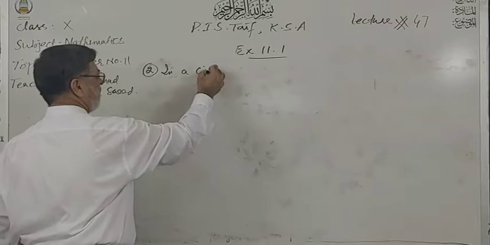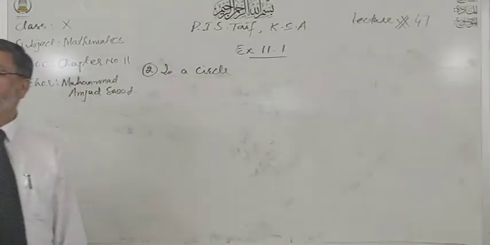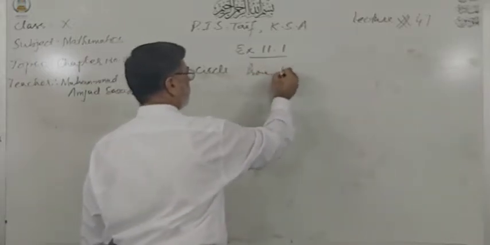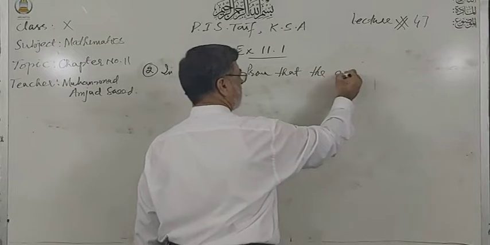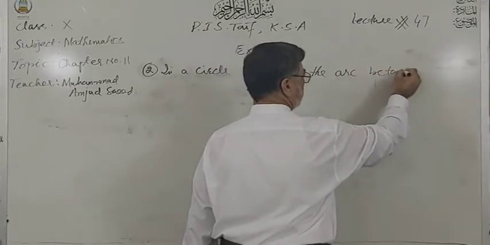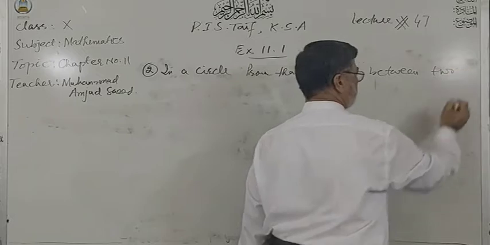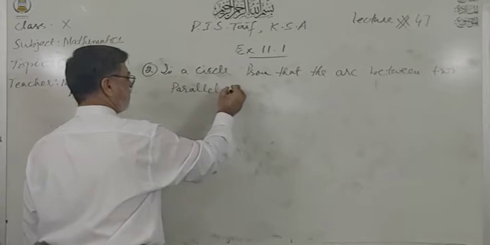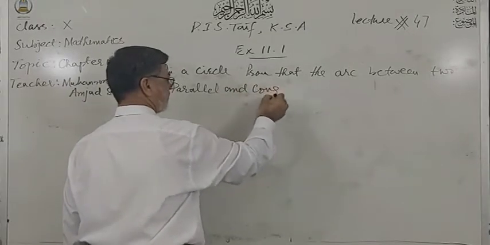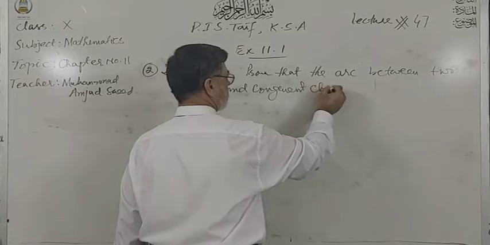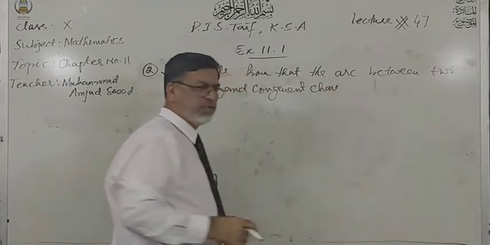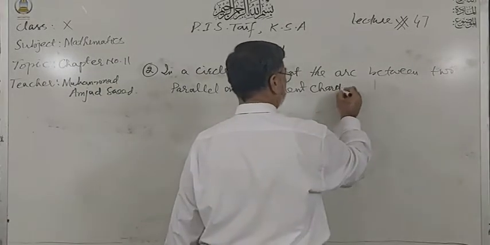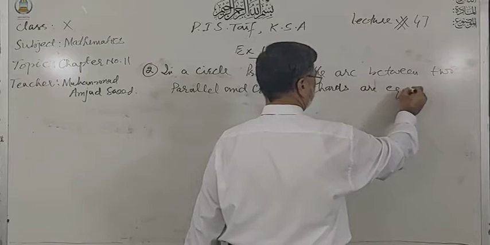In a circle, prove that the arcs between two parallel and congruent chords, congruent or equal chords, are equal.